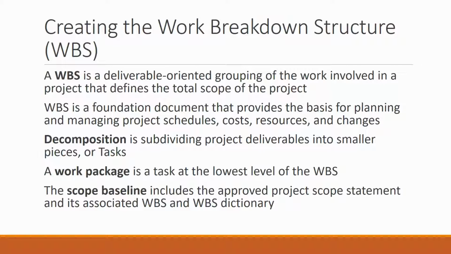A work package is a task at the lowest level of the work breakdown structure, and when we baseline a work breakdown structure, we use that as a way of helping to report on project progress. So it is an approved point in time where we have decided that our project scope is where it is going to be.